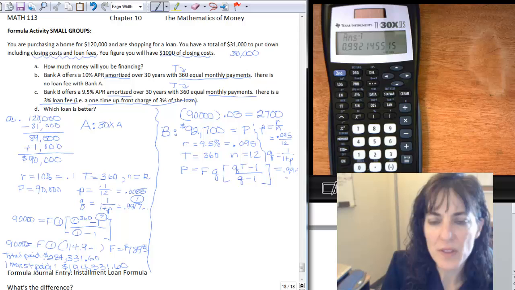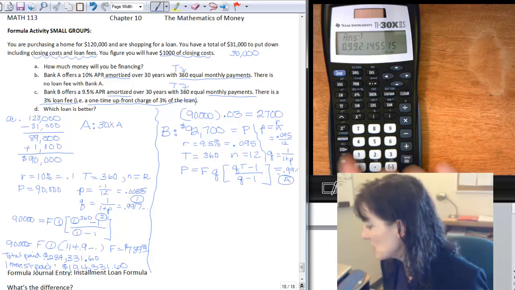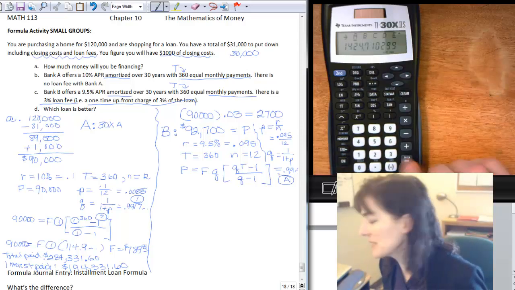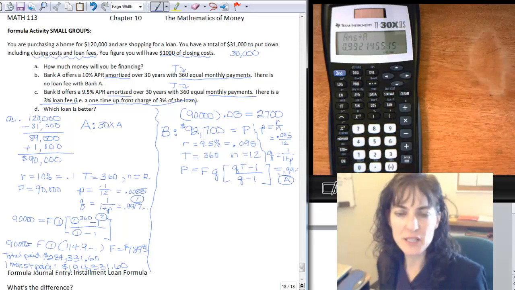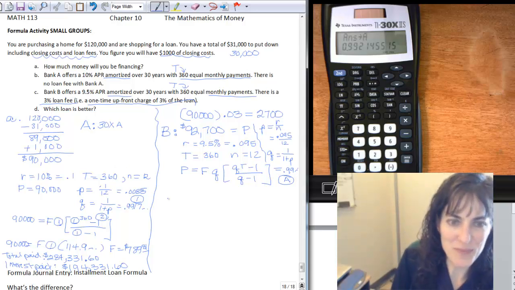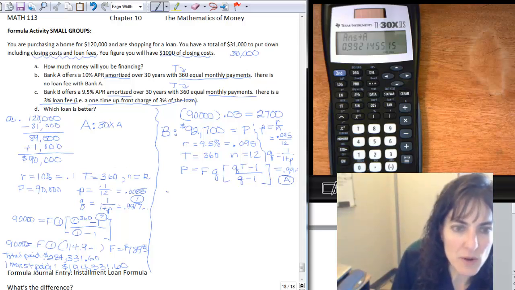We're going to store that in A for this calculator, so I'll say store. The first choice is A, so I just push enter and it tells me I put that into A for you.